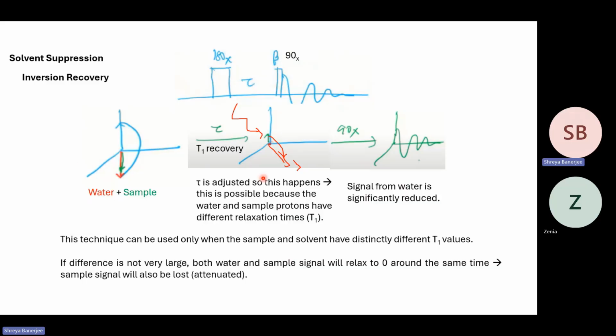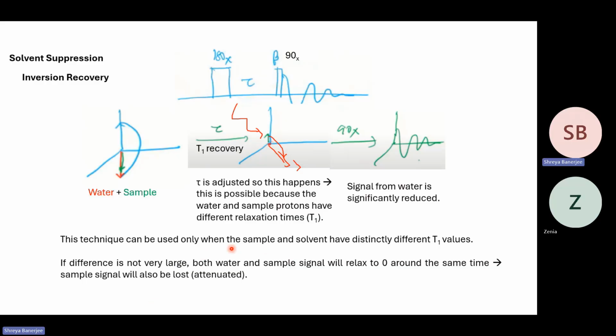This technique depends on one criterion: you basically need the sample and water relaxation times to be different. Suppose the sample is still slowly recovering but the water has already gone to plus Z. Then this method will not work.